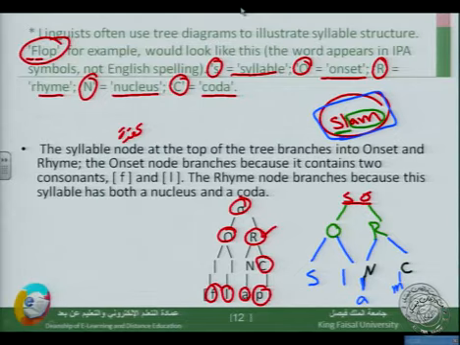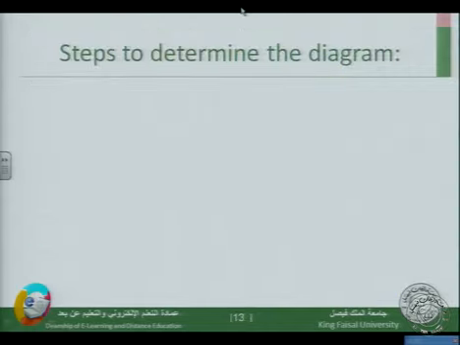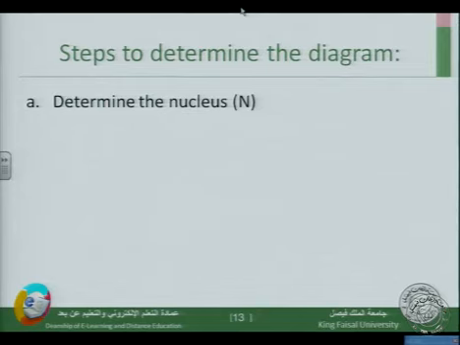So can you notice now how I use the tree diagram to illustrate the structure of a word? Do you understand how to use tree diagrams to illustrate the syllable structure? I hope so. Okay, let's move on. Now we have here the same steps that we have just done. First, you need to determine the nucleus, which is mostly a vowel.